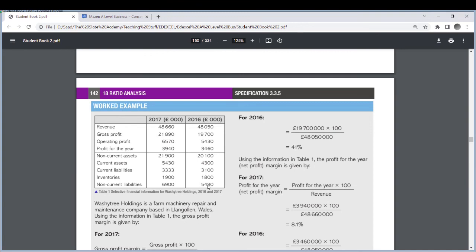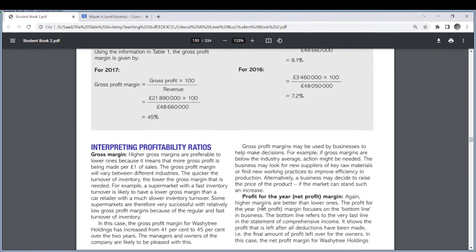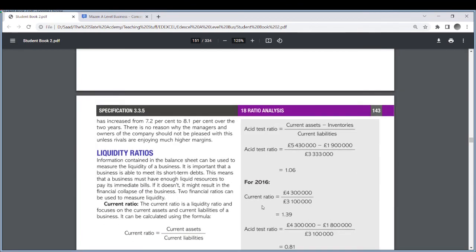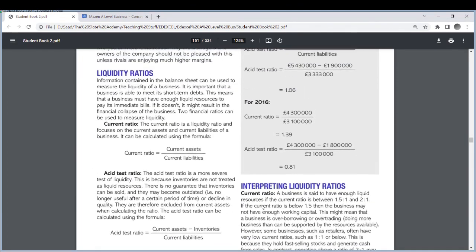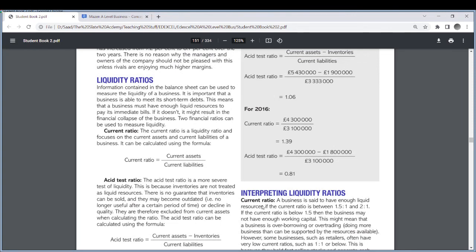15810 plus 5490 is 21,300. Now 5490 divided by 21300. Why? Non-current liabilities over capital employed. This 21300 is capital employed, right?